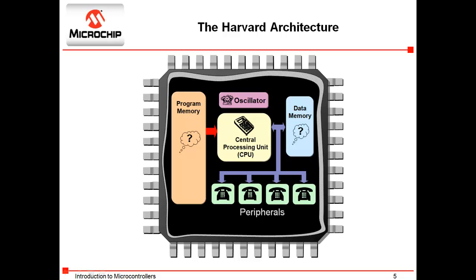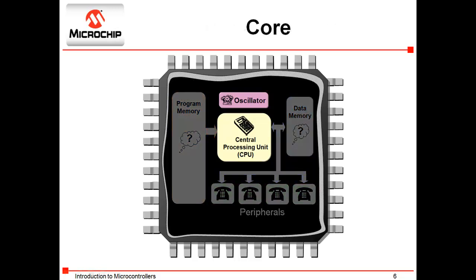Shown here is a simplified block diagram of the basic components that make up any PIC microcontroller or dsPIC digital signal controller. The central processing unit, or CPU, does all of the arithmetic and logical operations that are required during the course of the microcontroller's operation.